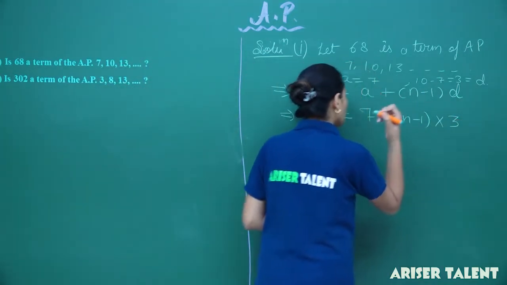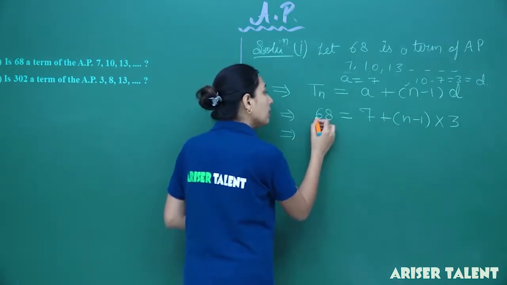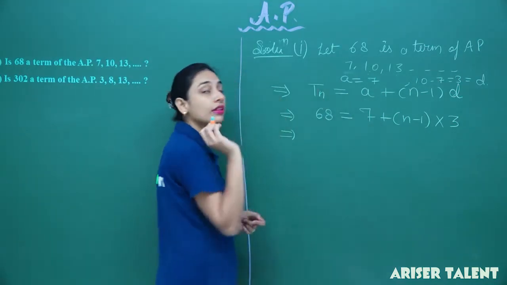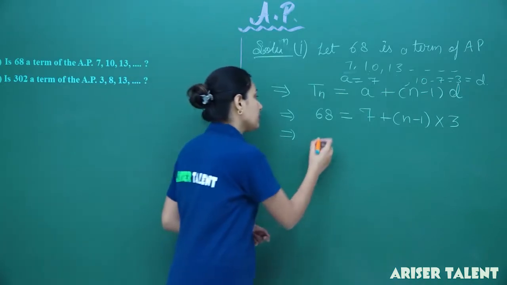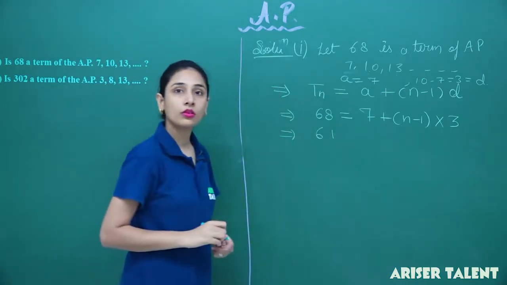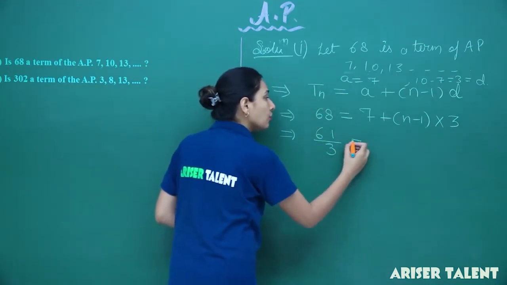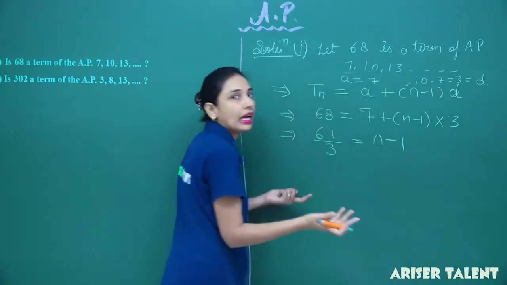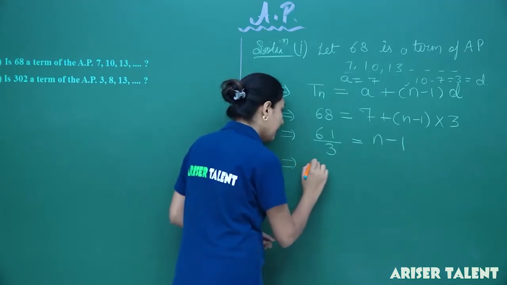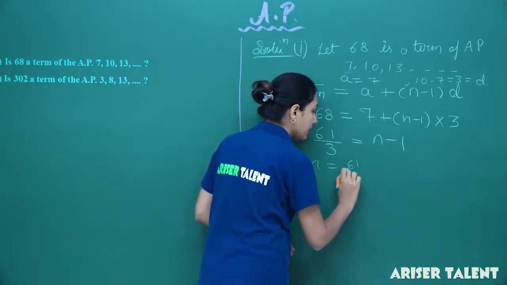Put 3 here. Now just solve it. 68 minus 7 will give you 61. Divided by 3, this 3 will come here, so it will be left with n minus 1 only. Then n will be equal to 61 by 3 plus 1.